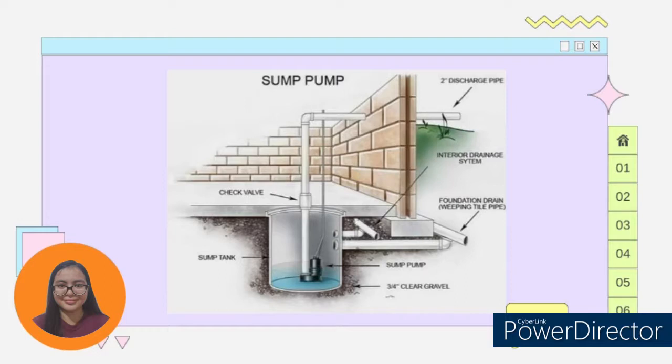This is where the water will be pumped out of the sump tank and then flows through the discharge pipe and is directed to a drainage area.